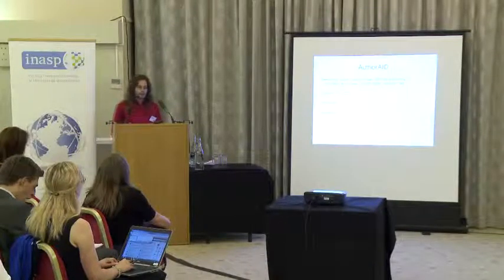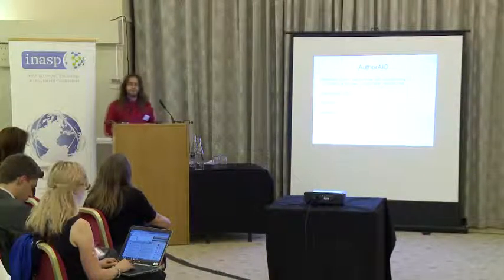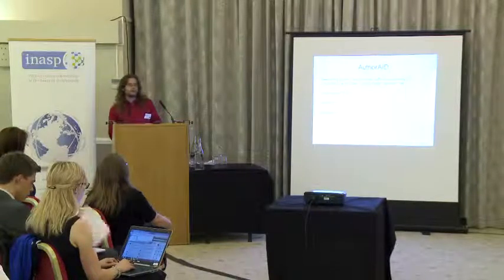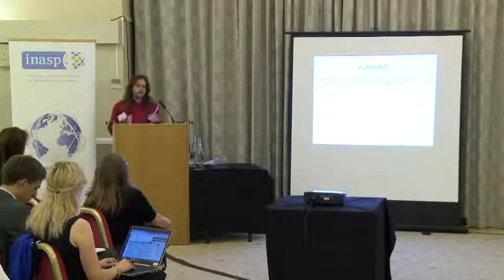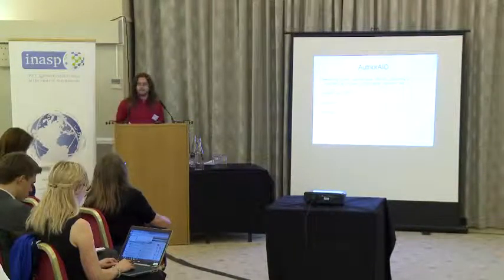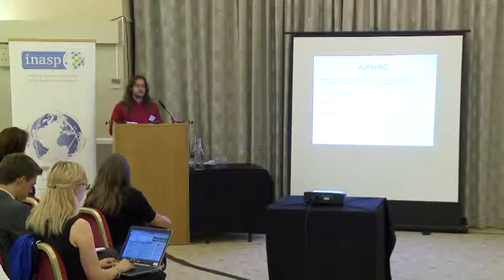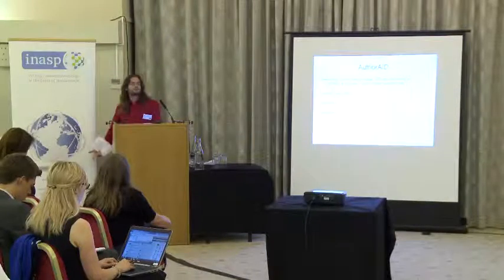It's a lot lower. Part of the reason that I joined AuthorAID was a feeling of horrible guilt that we reject all of these papers and that we don't necessarily offer researchers as much help as we could. As professional editors, we're very pressed for time. We're dealing with a lot of papers and we want to assess them quickly. There's only so much we can do to take a paper and turn it into a publishable product.